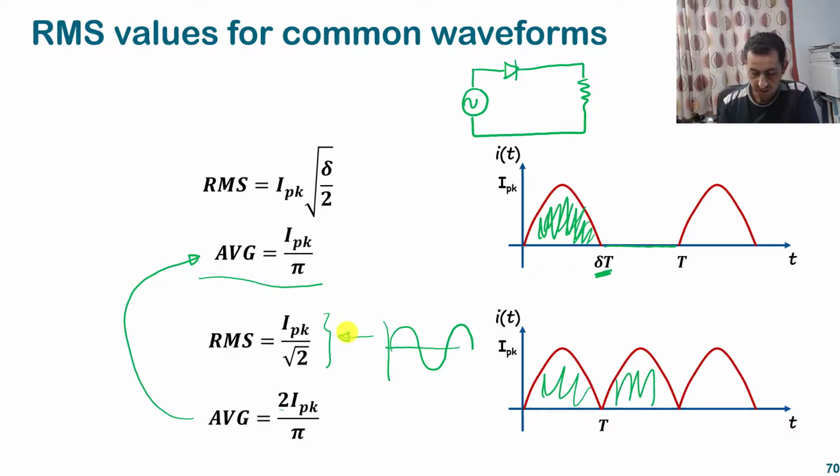So why do the sinusoidal wave and the full wave rectification waveform have the same RMS value? The answer is if you square any signal and it looks like another signal, the expectation is both of them will have the same RMS. So if I square this signal now, it will look like this.